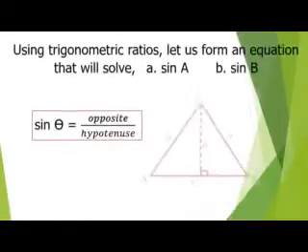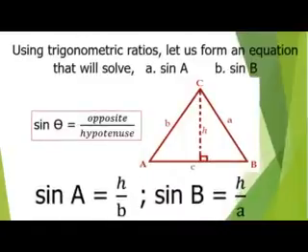Step 2, using trigonometric ratios, form an equation that will solve for sine A and sine B. So, we have sine A is equal to h over b because sine theta is equal to opposite over hypotenuse, and our opposite side of A is h and our hypotenuse is b, while sine B is equal to h over a. The opposite side of B is h and the hypotenuse is a.